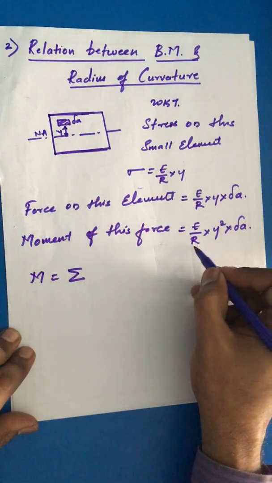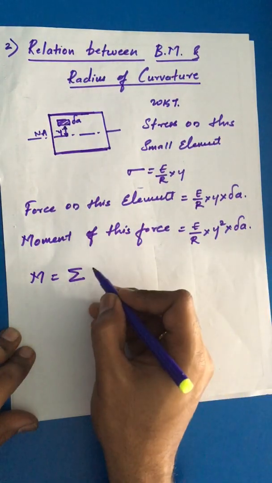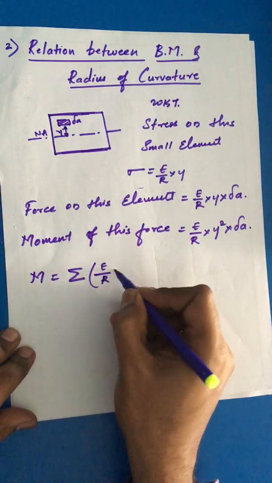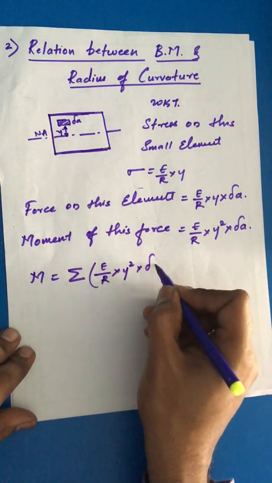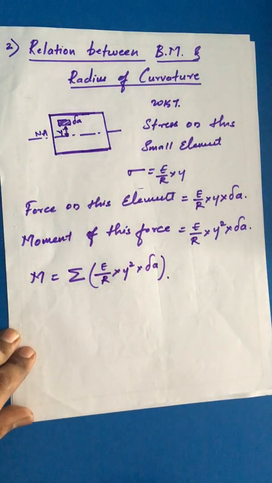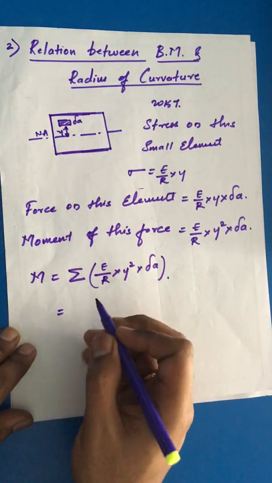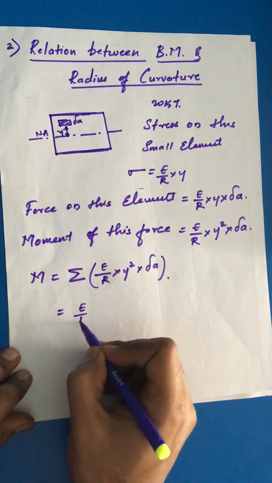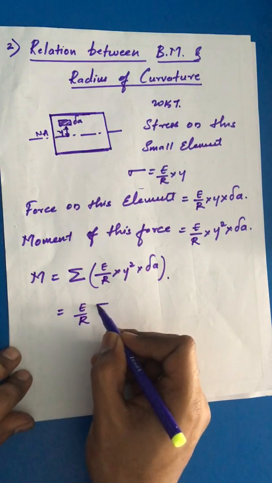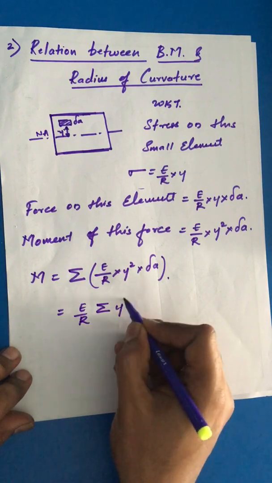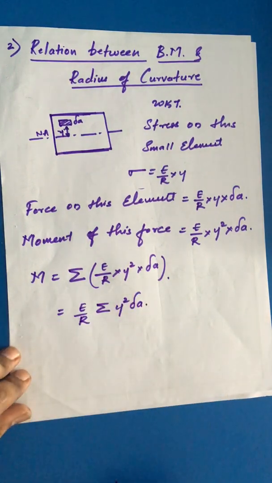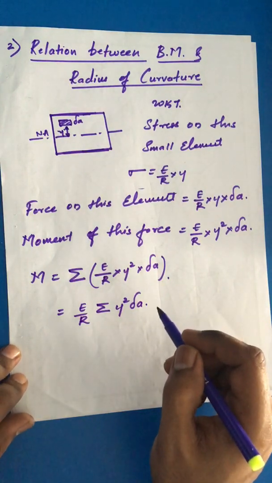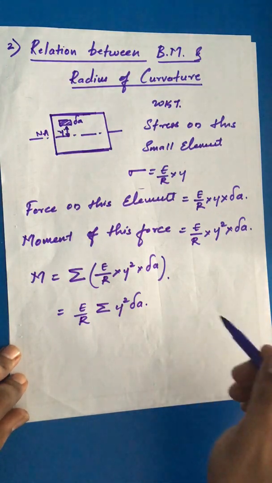That is, the individual moment is E by R into y square into delta A. Or I can take this E by R outside into the summation of y square delta A. But from elementary mechanics, we know that the summation of y square delta A is the area moment of inertia about the neutral axis.